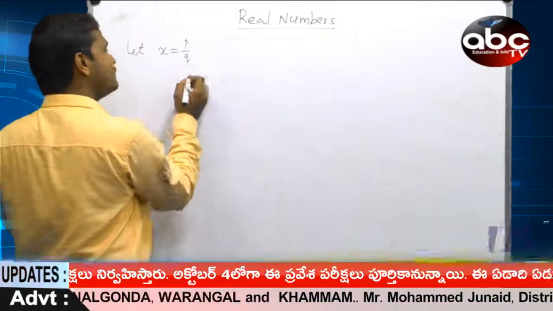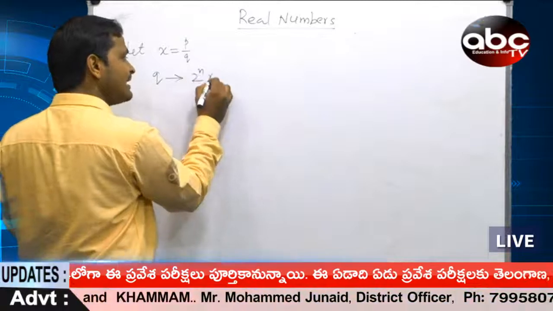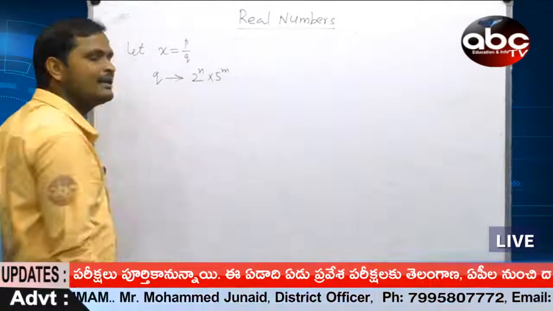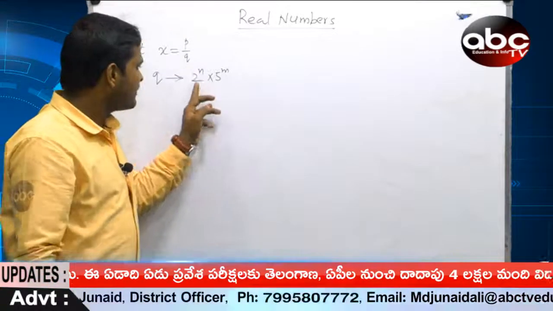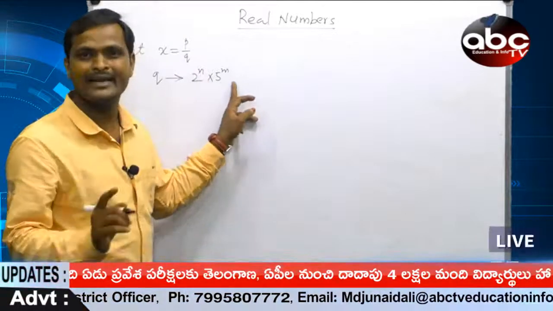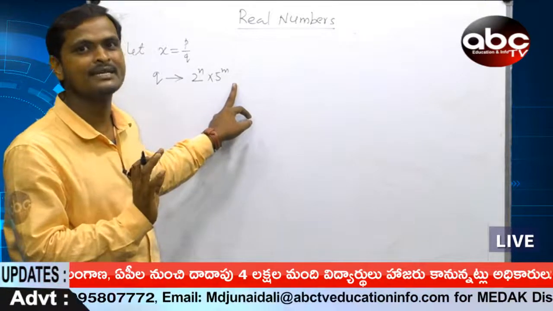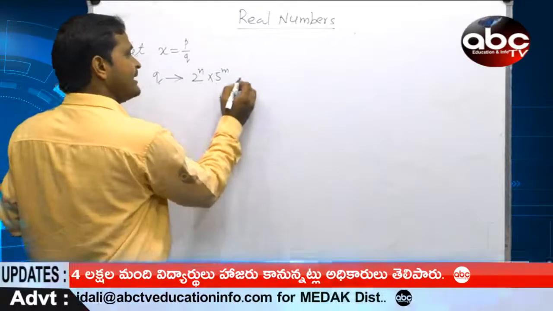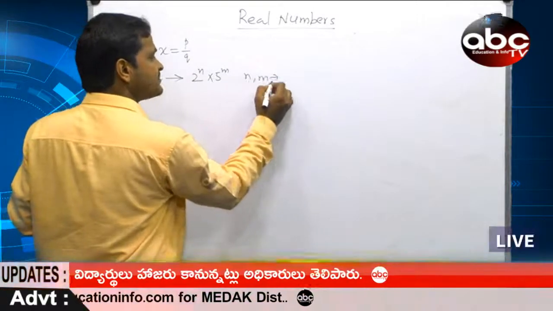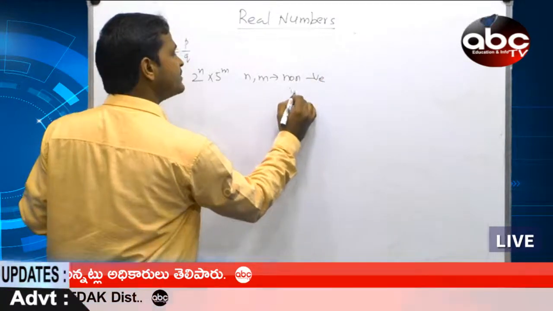Denominator. Therefore here Q is in the form of 2 power n into 5 power m. When Q is in the form of 2 power n and 5 power m, then that is a terminating decimal. Is it clear students? Without doing actual division. Okay, where n and m are non-negative integers.